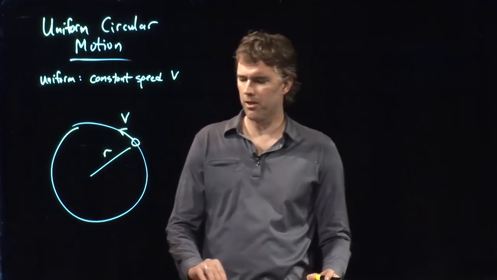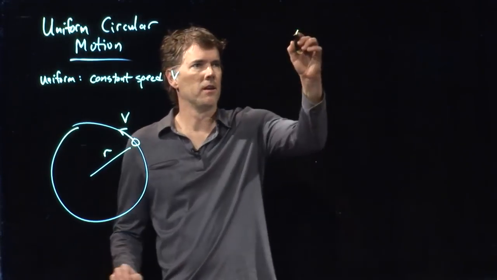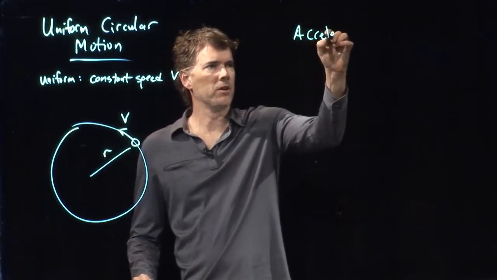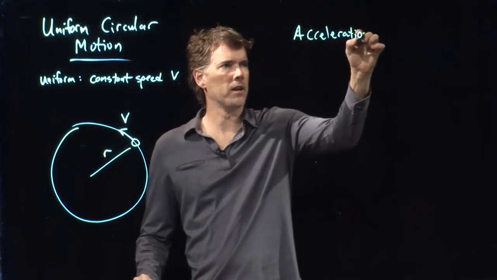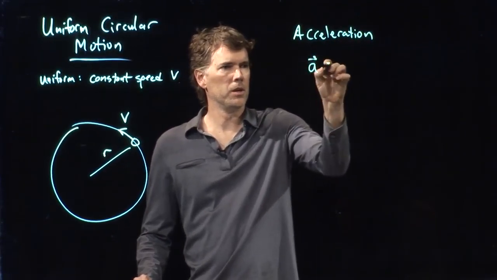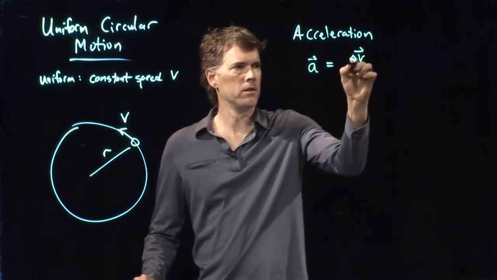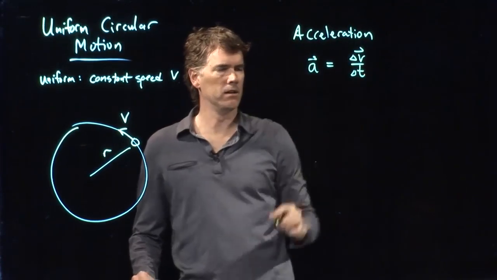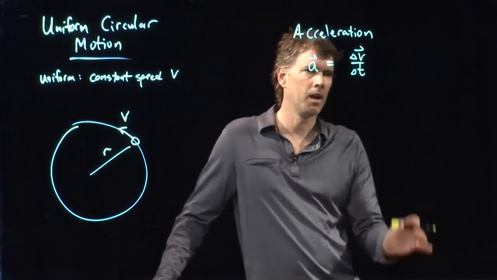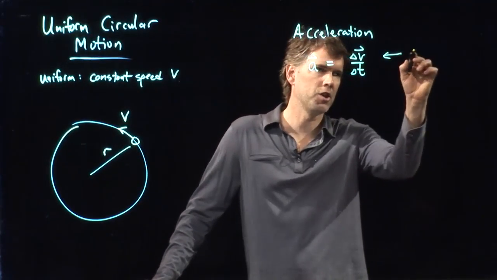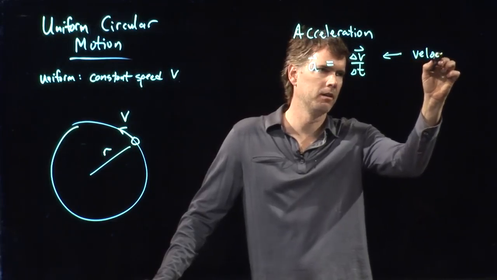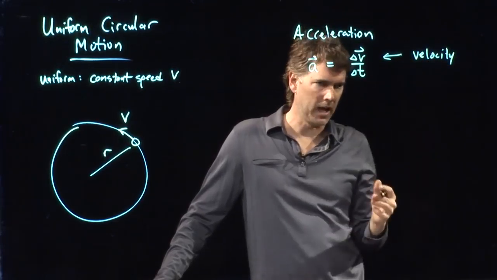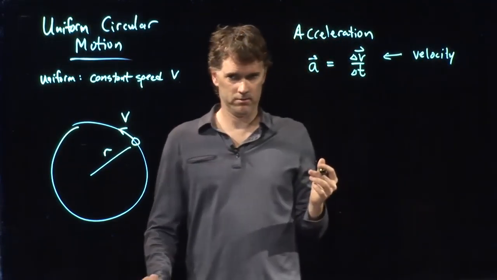We just said that we think we are accelerating, and we can probably convince ourselves pretty quickly that that is true, because acceleration is delta v over delta t. And delta v is the change in velocity. Is velocity a vector or a scalar?